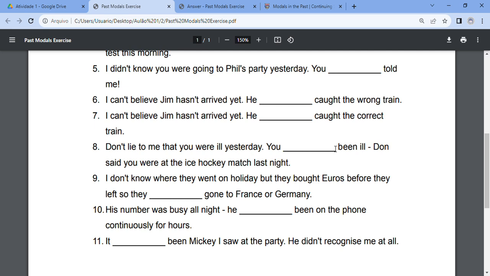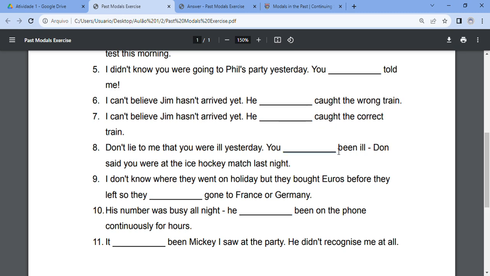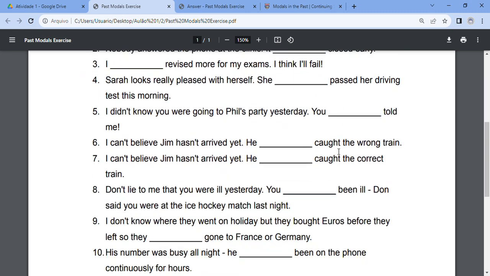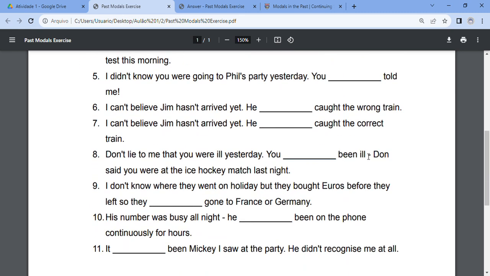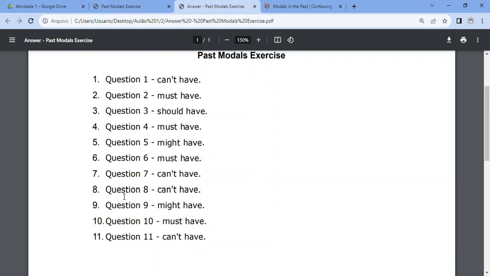You something being ill. Don said you were at the ice hockey match last night. So because this Don person saw the other person at the ice hockey match, the person can't have been ill. So you need to use the can't have.